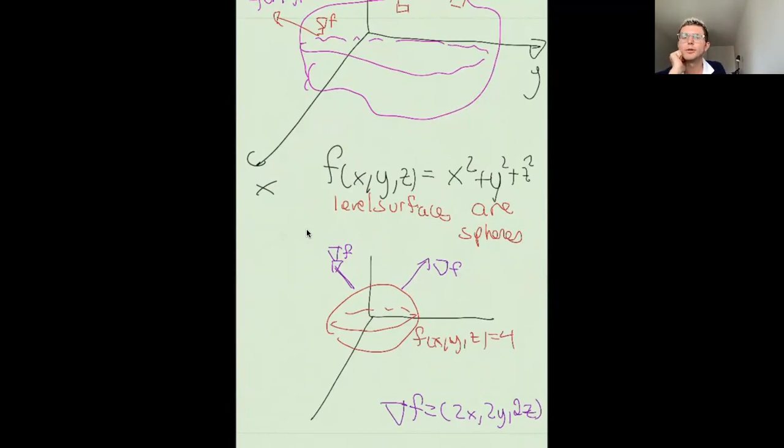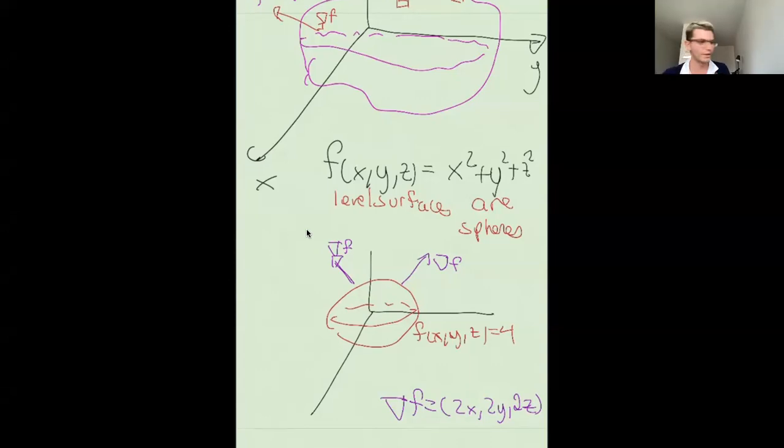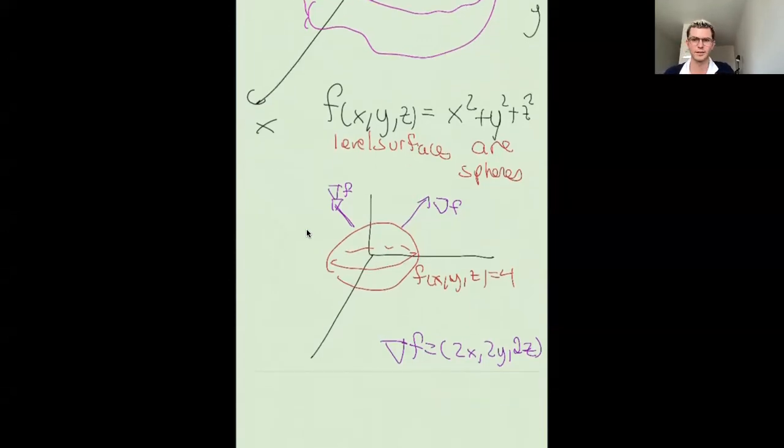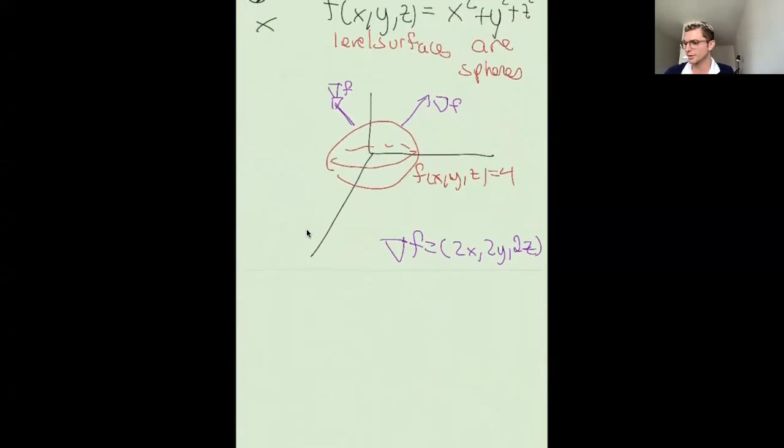And why is this useful? This is useful because it allows you to find tangent planes. So with this, you can find tangent planes, and that's how we wanted to really use this.